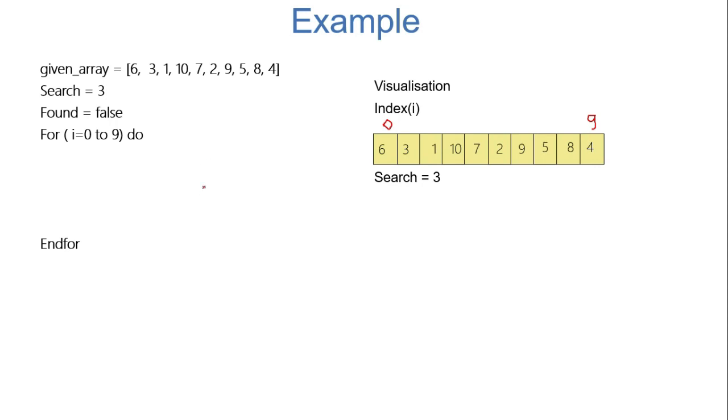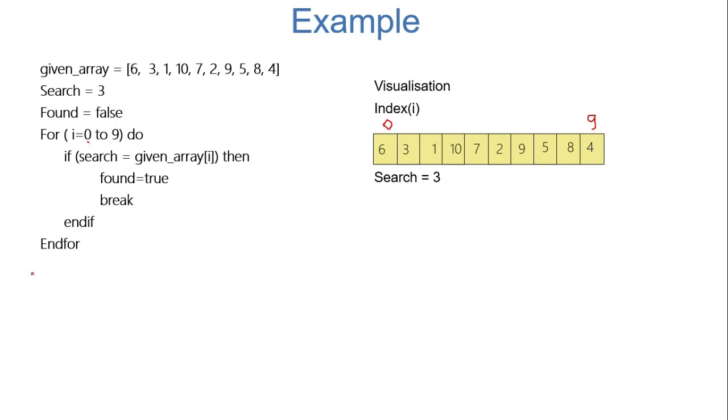To do that, we will need an if. So if search equals given array 0, then we will tell the user that the data is found, so we change the value of found to true. As soon as we find the data, we will quit the looping. Why do we want to quit the looping? Because we don't want to read all elements up to the last element.